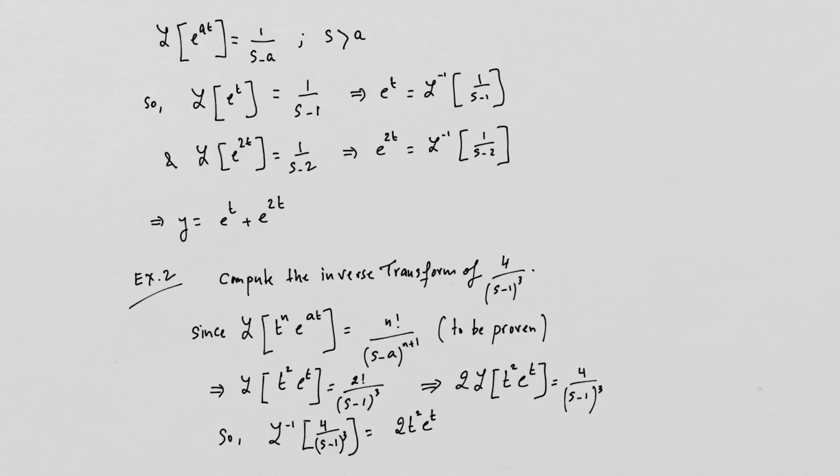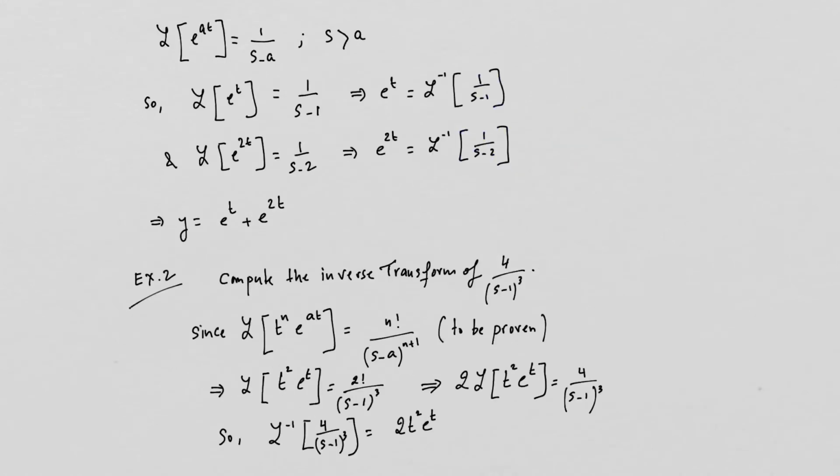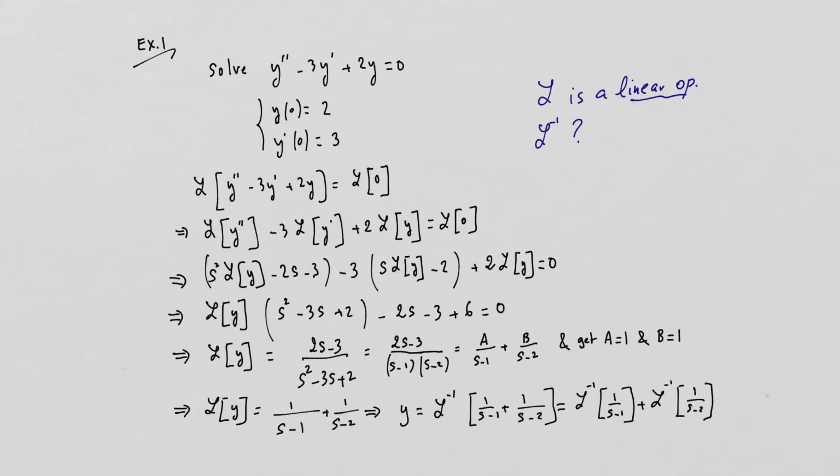Okay? So now, the assumption we're making from this example number 1 is that this is a linear operator, and we need to prove it. The second problem I want to do, I didn't want to do all the math. I didn't want to give you this.